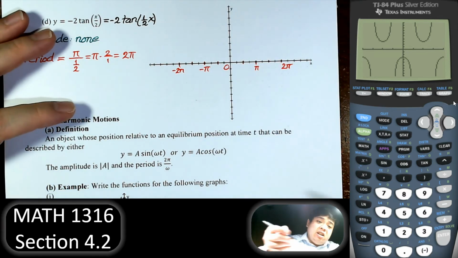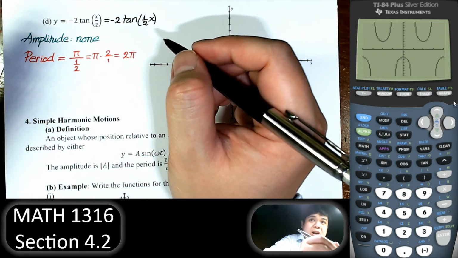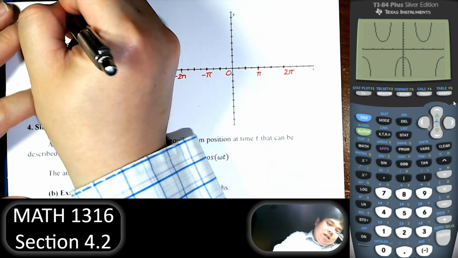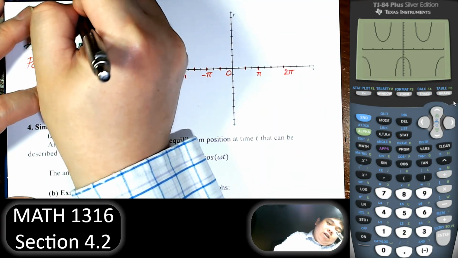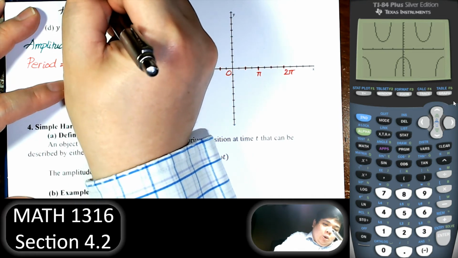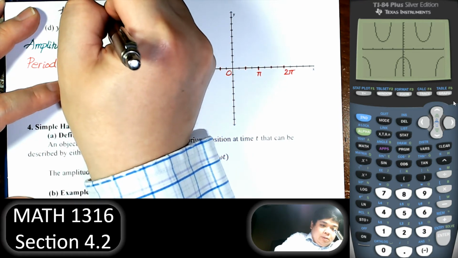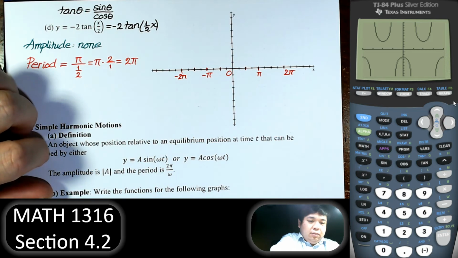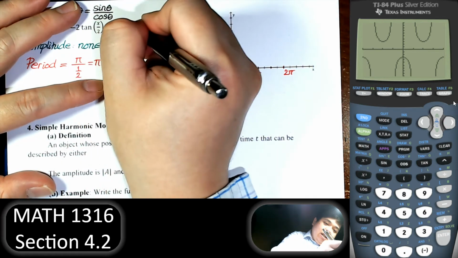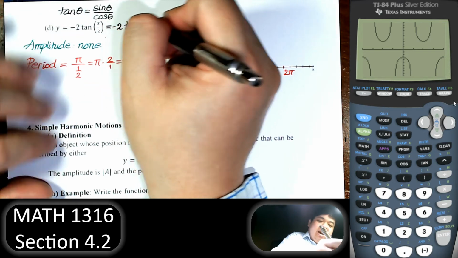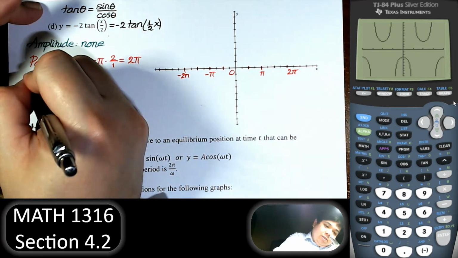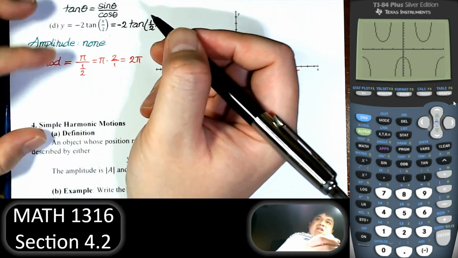Now consider tangent is equal to sine over cosine, right? So tangent of something is sine over cosine. Where is cosine equal to 0? What is the pattern of cosine, or negative cosine for that matter, it doesn't matter.